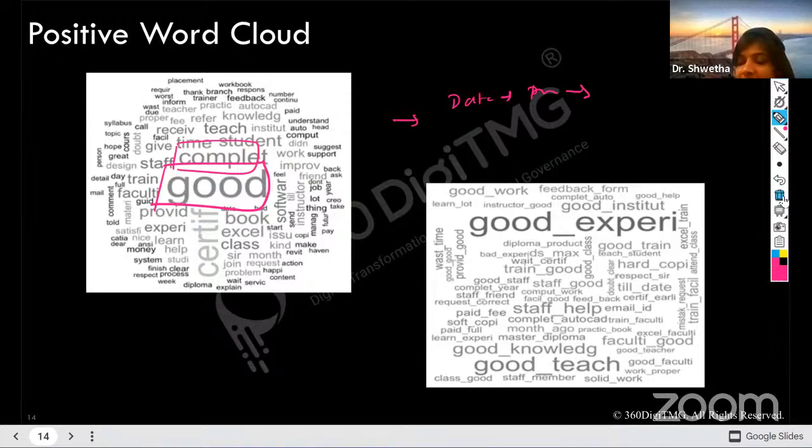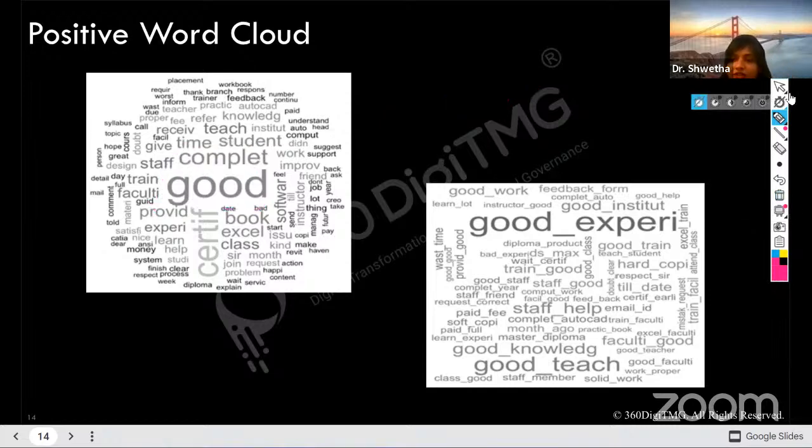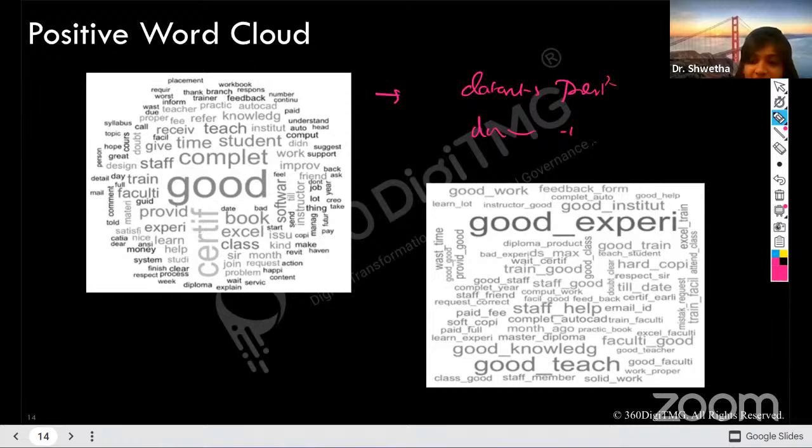Just to understand the sentiments behind what people are talking about, you are constructing these word clouds. To see this, you will need a data set which has a collection of positive words and also a data set which has a collection of negative words. You can easily download it from the internet. There are a lot of data sets available.